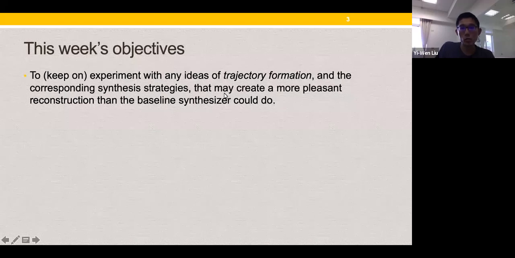Hopefully you will be able to create a more pleasant reconstruction of the signal. The more similar the reconstructed signal is to your original signal, the better. We want to create a more pleasant reconstruction and reduce the notable artifacts. You want to do better than the baseline synthesizer, right? So far, so good. Any question?